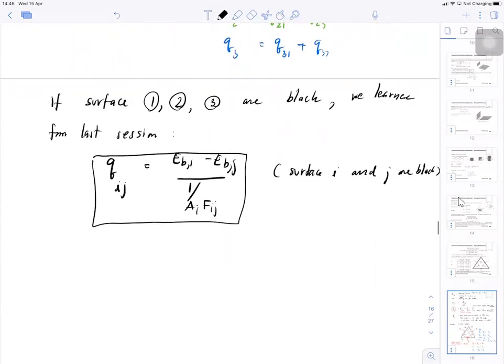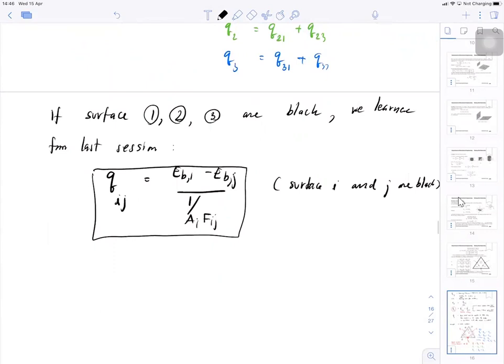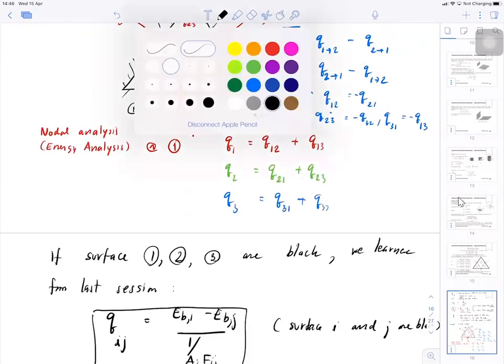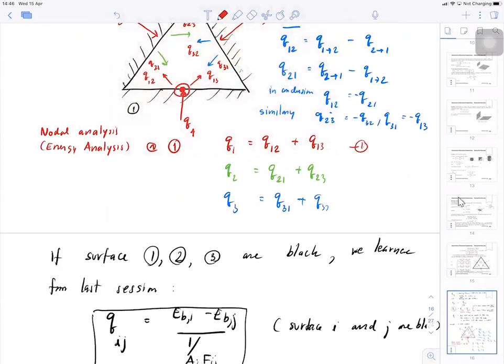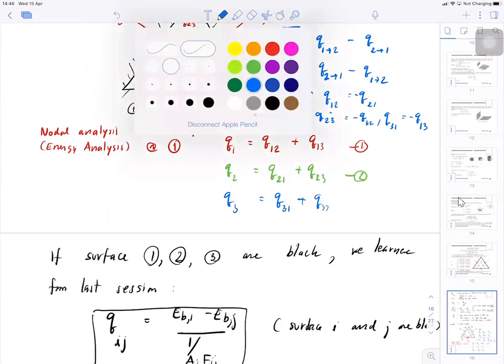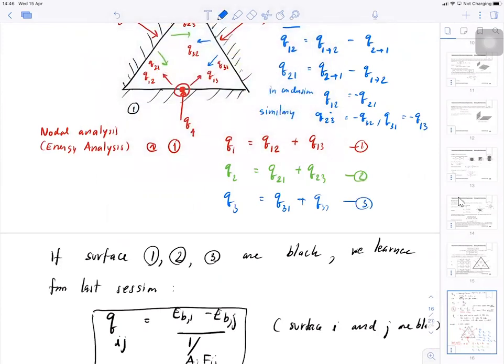So we have the red equation is equation 1, the green equation is equation 2, the blue equation is equation 3, right?